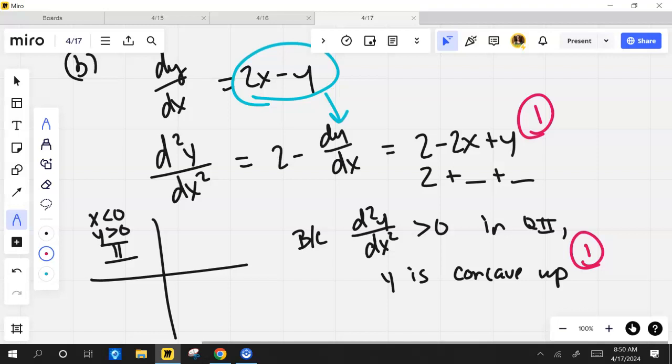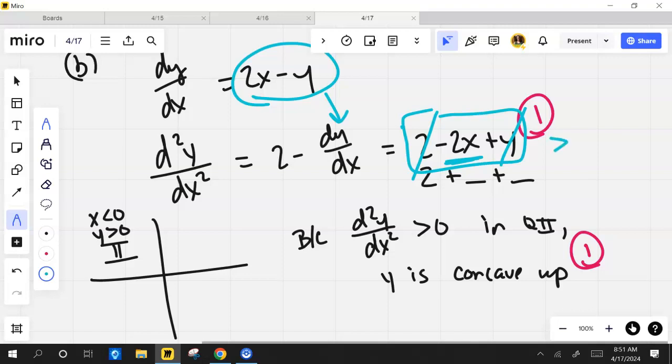So in quadrant 2, x is always negative, right? And y is always positive. So if I look back at this equation that I have for my second derivative, this is always positive, so it's not impacting. And if I'm adding y and it's positive, that's going to keep me positive. So really, I'm looking at this middle term. Well, if I plug in a negative number for x, and then I'm multiplying it by negative 2, that's always going to give me a positive value.